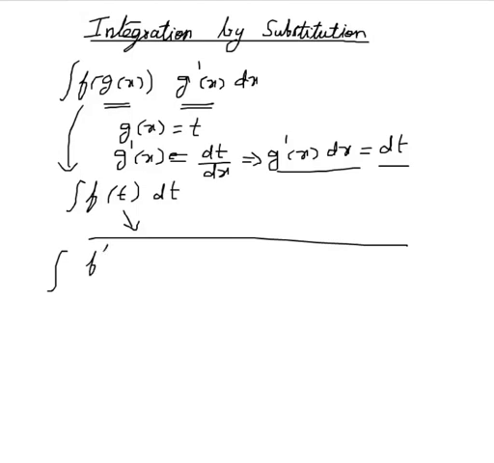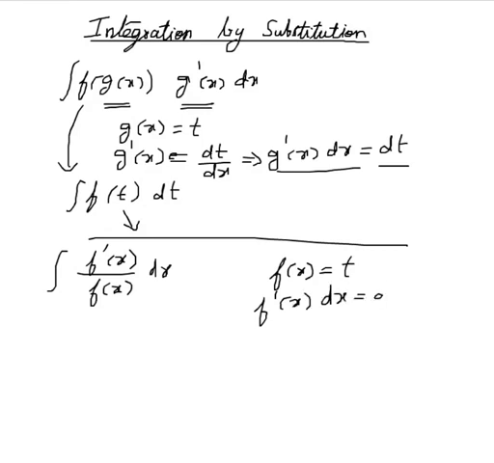And then in case the function is of this form, say f dashed of x divided by f of x dx, we know the differential of f of x is f dashed. So let us substitute f of x as t in this case. Differentiate both sides because we have to substitute for dx also. f dashed of x dx is dt.